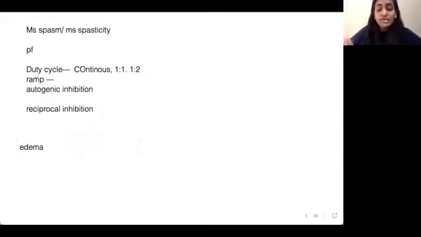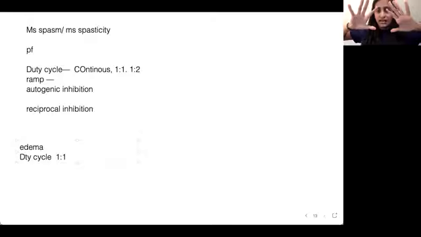But the most important thing that is different in edema is the duty cycle. What is the duty cycle that we need with edema? 1 to 1. Why 1 to 1? Equal contraction, equal relaxation. What is this causing?